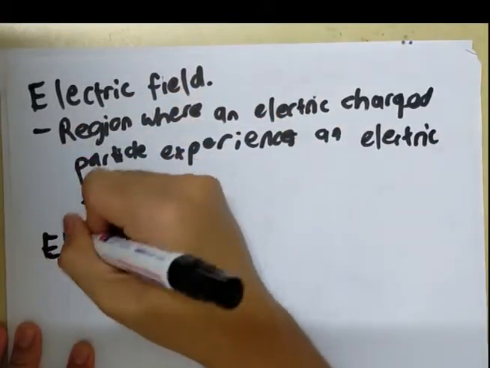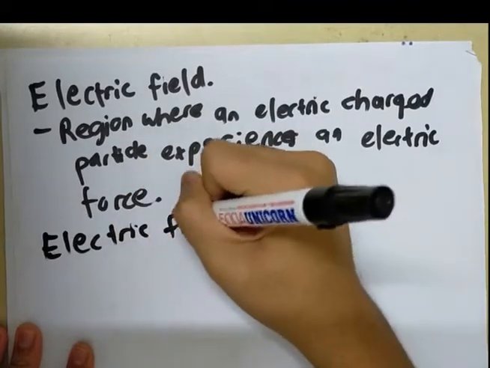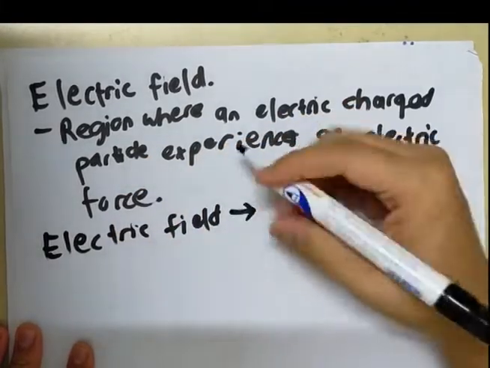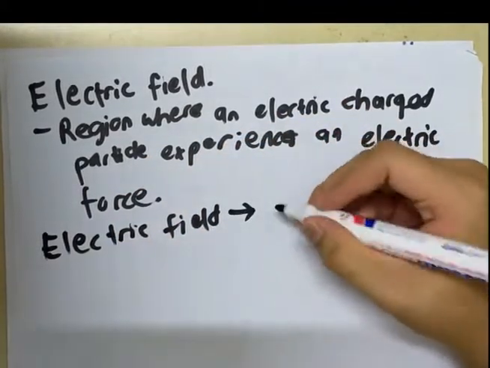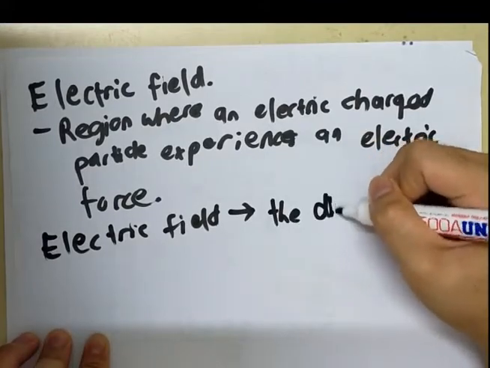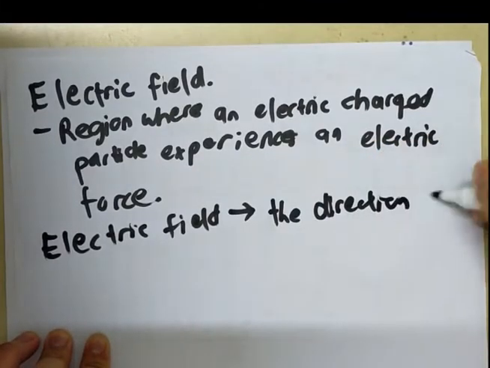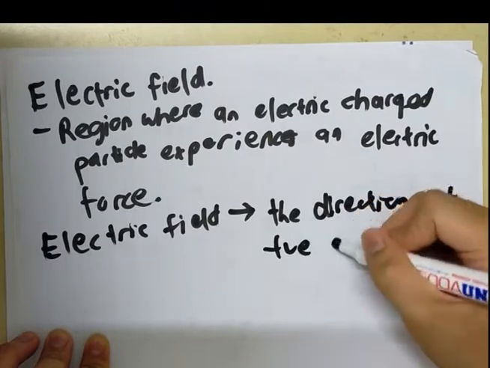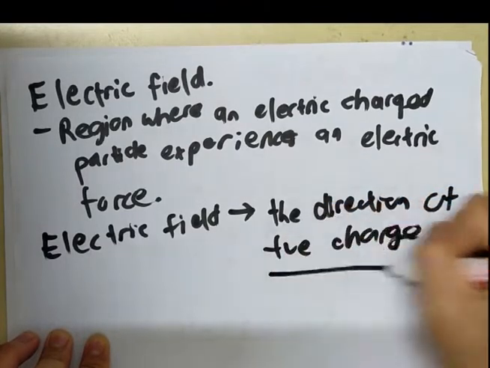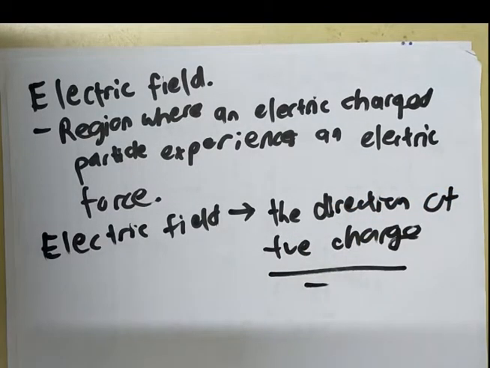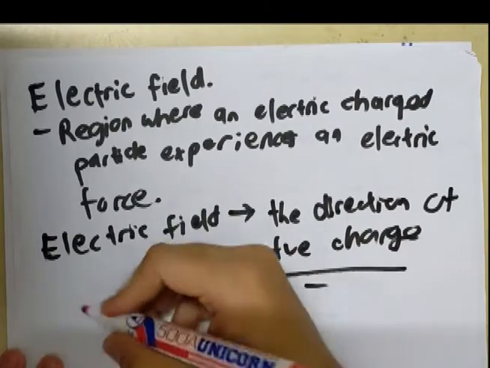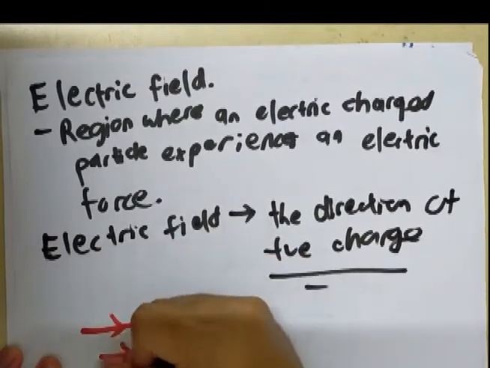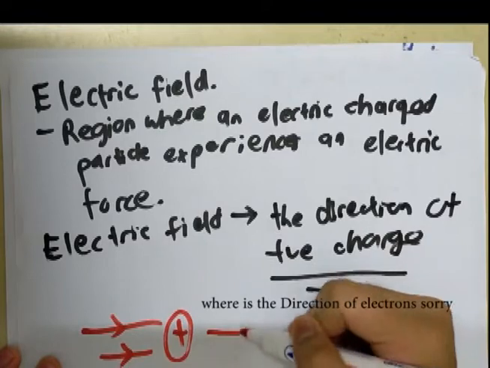Electric field direction means the direction of positive charge. Remember, direction of positive charge. So when your electric field is going this way, it means your positive charges are going this way.